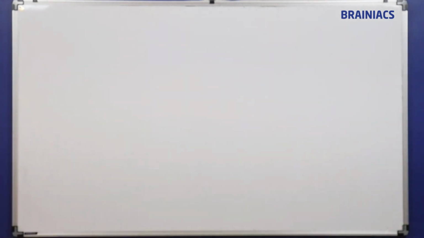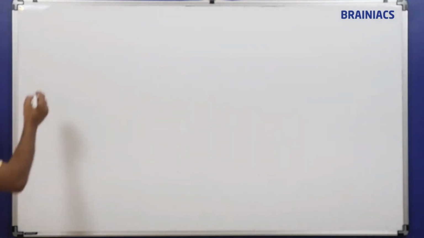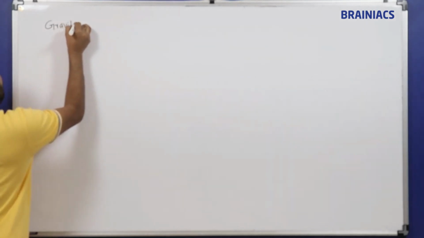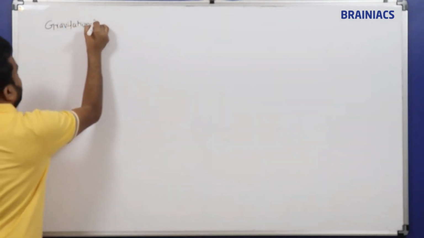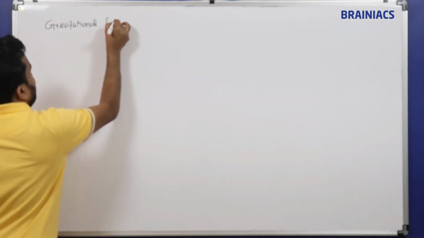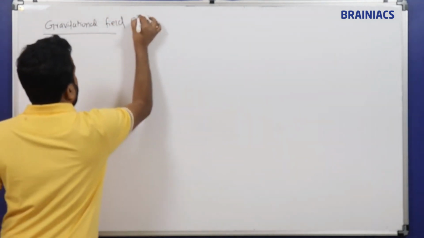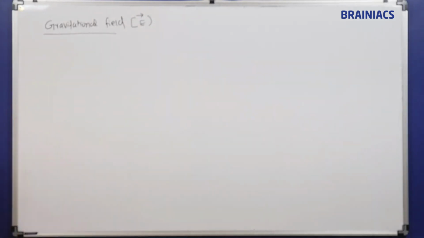And we are going to see gravitational field strength. You can write the heading gravitational field. Here I am representing it using a letter called E. E is a vector quantity.